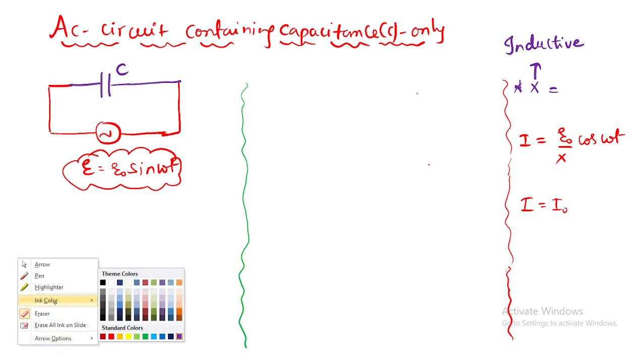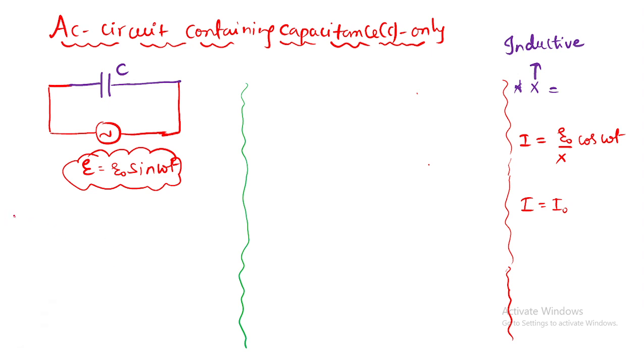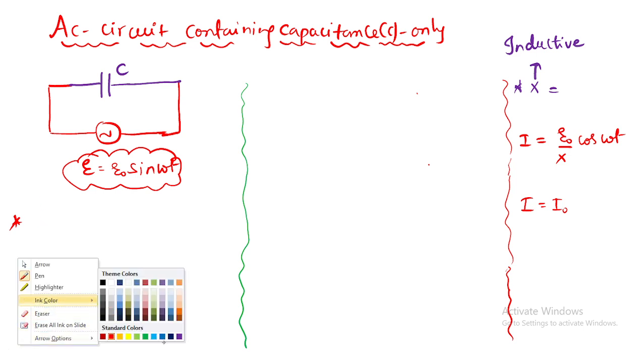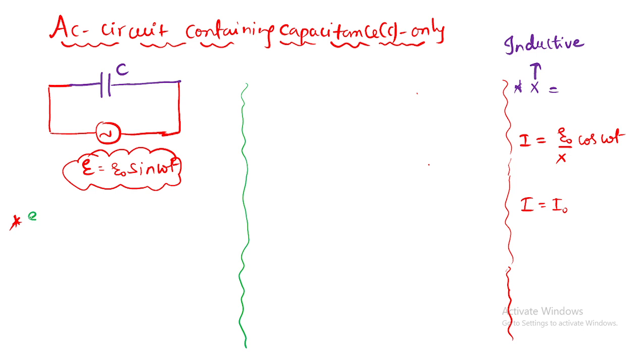Now, listen buddy. What happens here? The voltage drop across a capacitance. Okay? Voltage drop means EMF drop across a capacitance. Across C will be what?